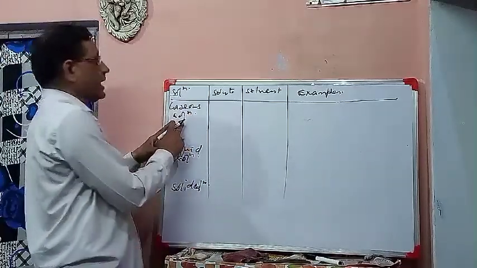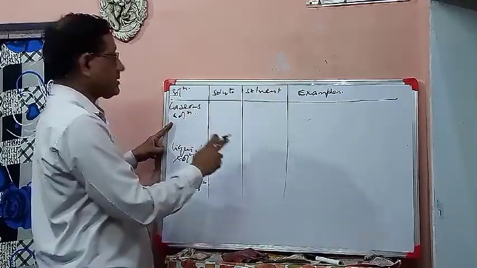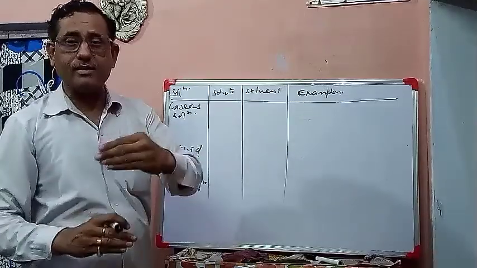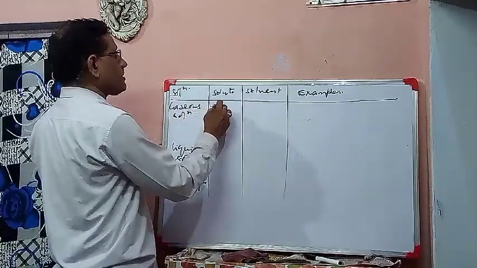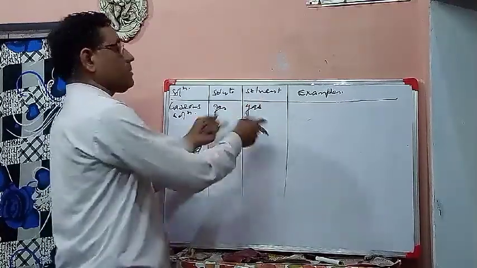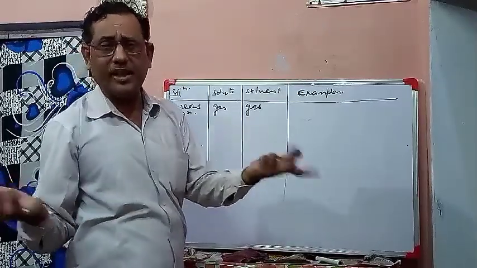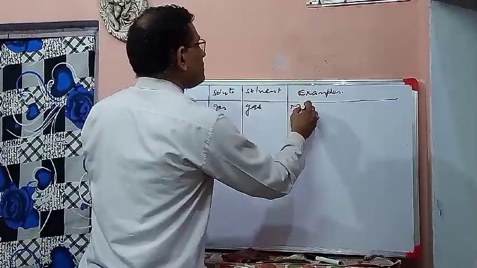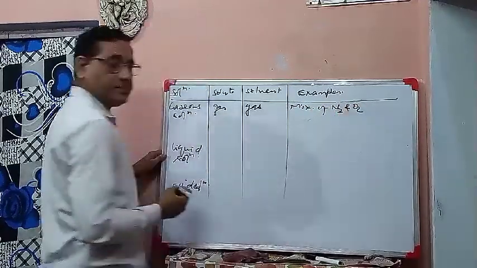In the first case, gaseous solution, solvent is always gas, but solute may be gas, liquid, and solid. For example, solute is gas and solvent is gas. Gas is mixed into gas. It is a good example, air or mixture of N2 and O2 gas.